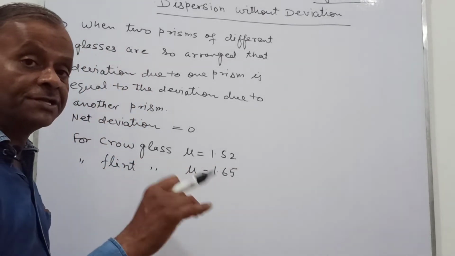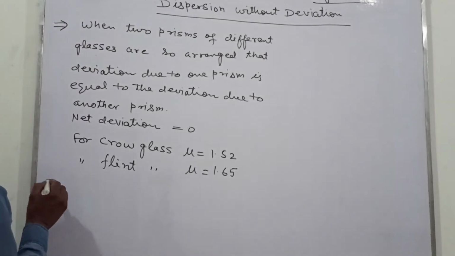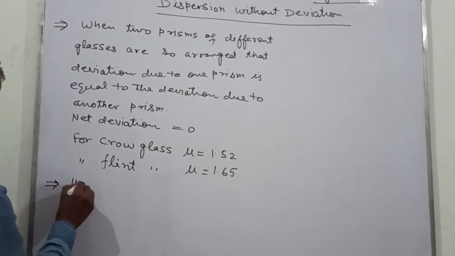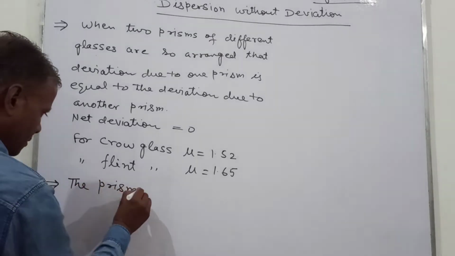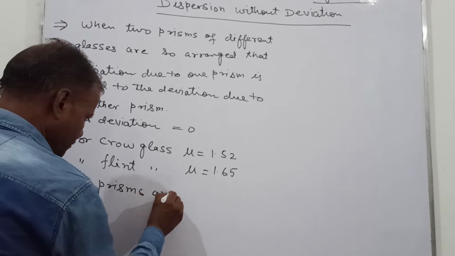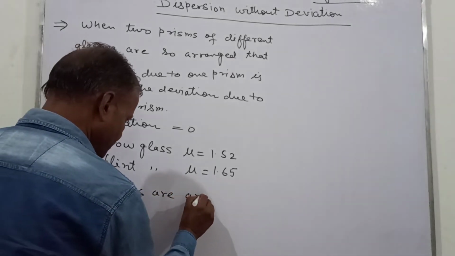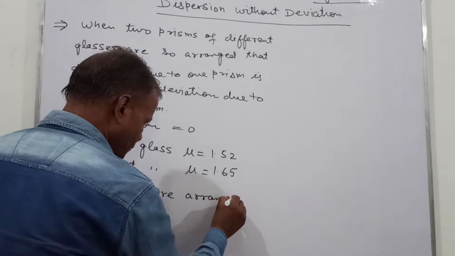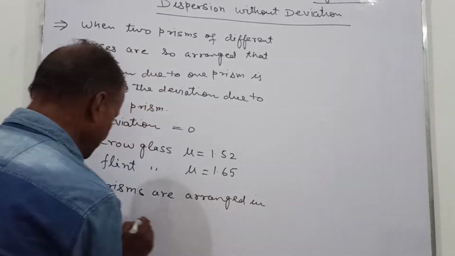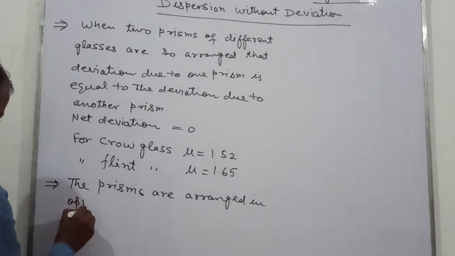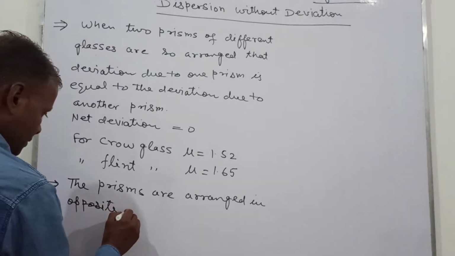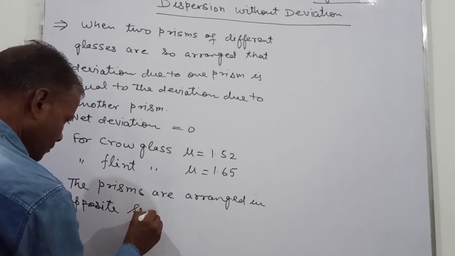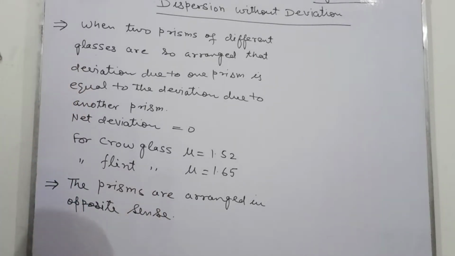The prisms are arranged in opposite cells. Prisms are arranged in opposite cells.